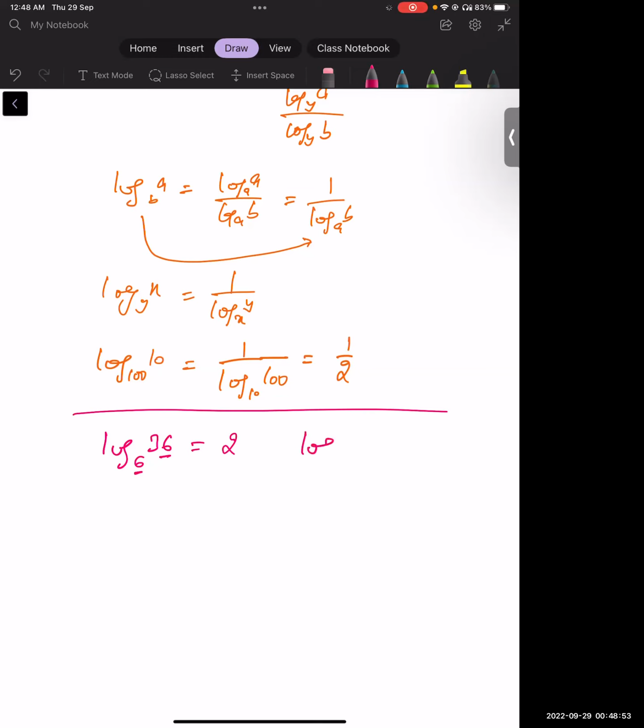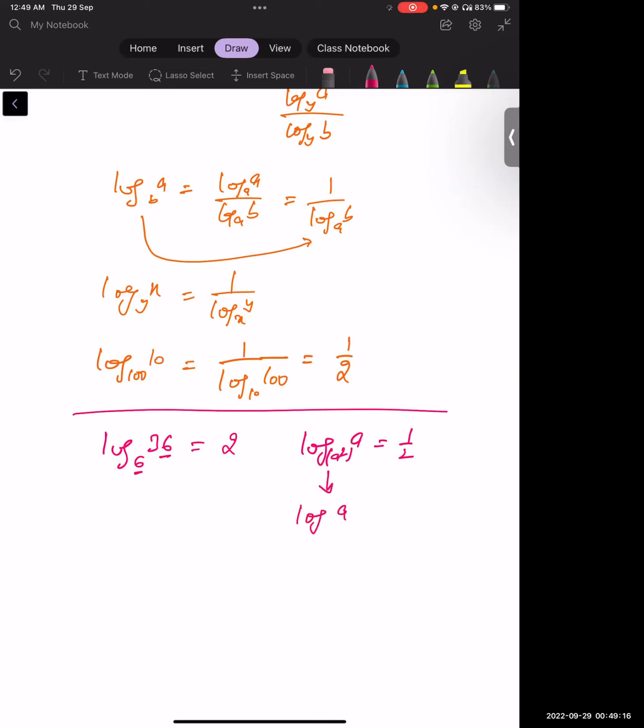Now I give you another question. Log a to the base a square. What should be the power of a square so that it could be a? Half. Got it? No need to read the base and the logarithm. If you don't know the answer, you can change it by another pattern.